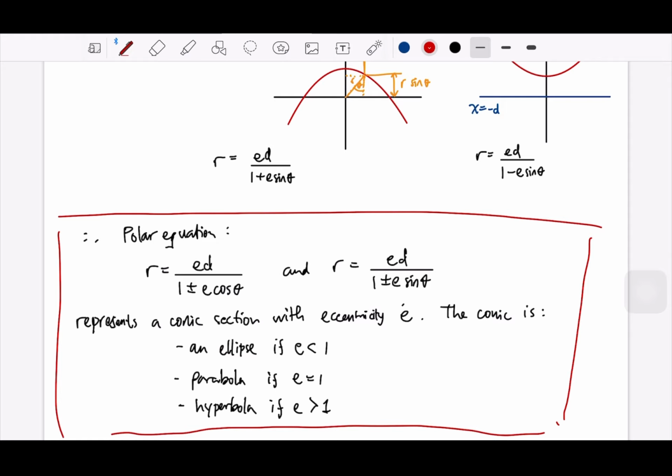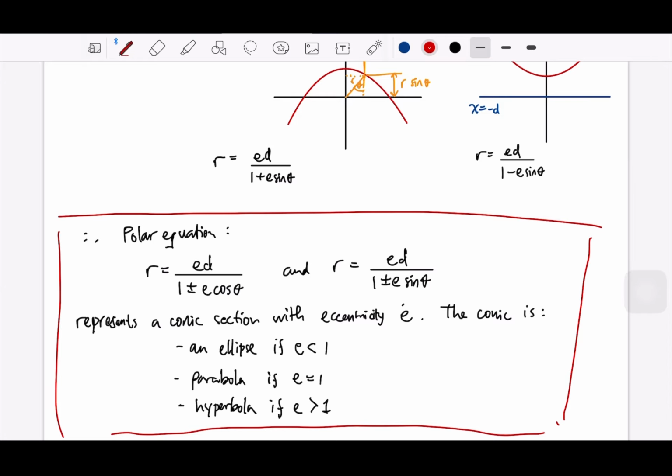Okay, so basically what we are going to do is we will have some certain polar equation in terms of some constant here and maybe some trigonometric cosine or sine at the bottom.